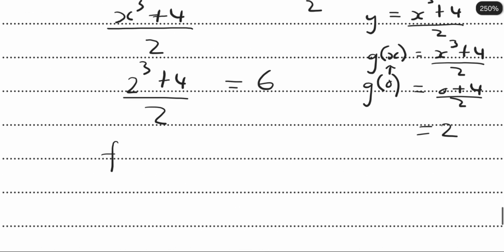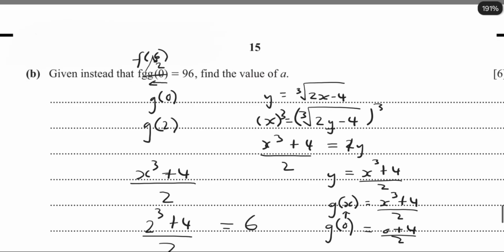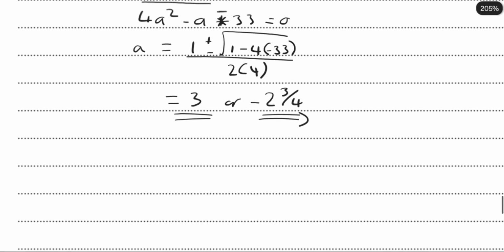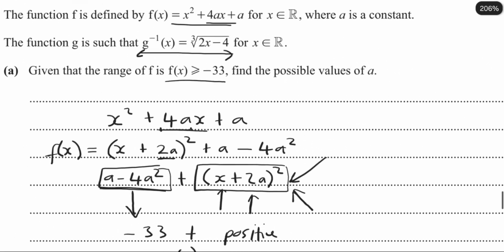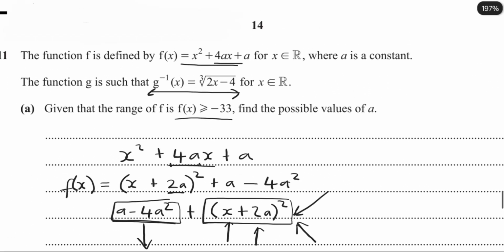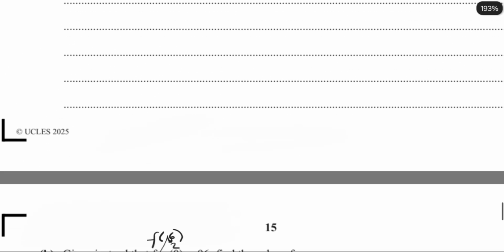Working with f of 6, meaning if we substitute 6 for x in the expression of f of x, it should be equal to 96 according to part B. And our f of x is x squared plus 4ax plus a.